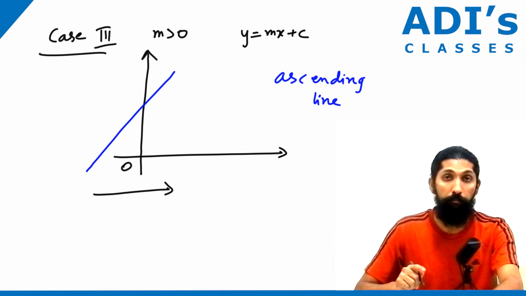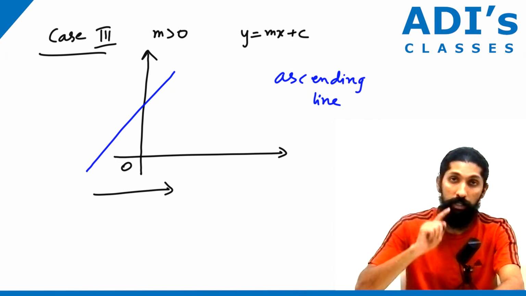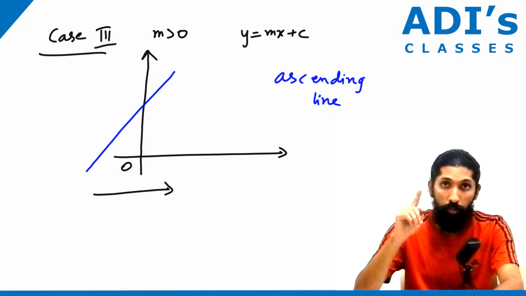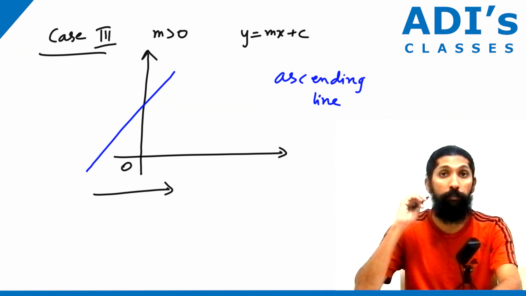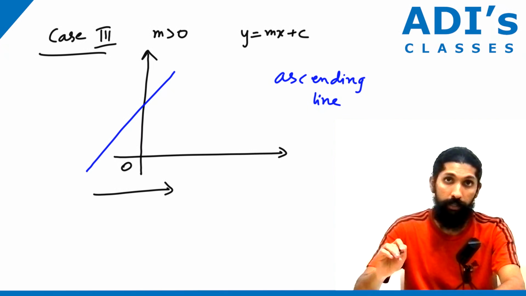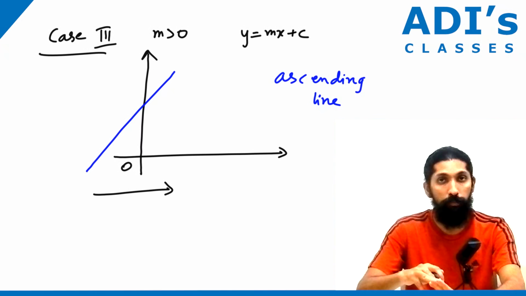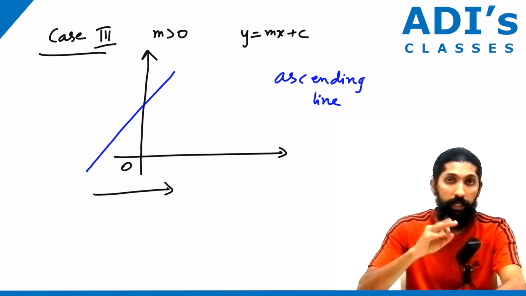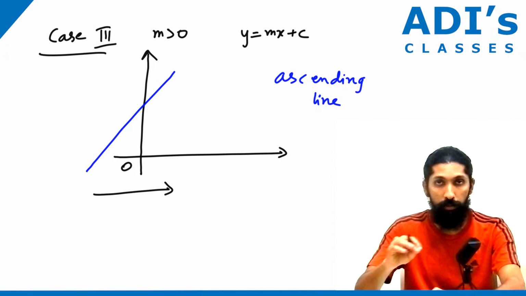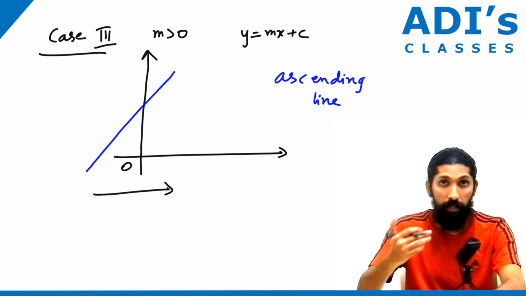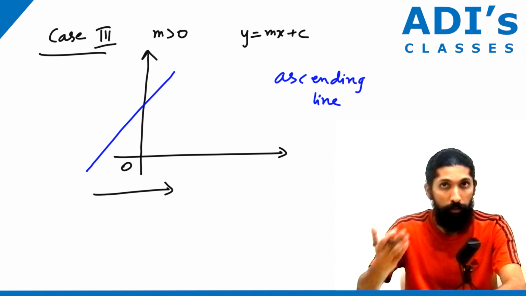For a line parallel to x-axis, slope is 0 because it's a constant line. Whereas for a line parallel to y-axis, the slope is not defined. Fair enough? That's why whenever we talk about the slopes, we always talk about three types of slopes: positive, negative, zero. That's all. Clear? So these are the types of slopes, and that's the equation of the line, one of the equations of the line.